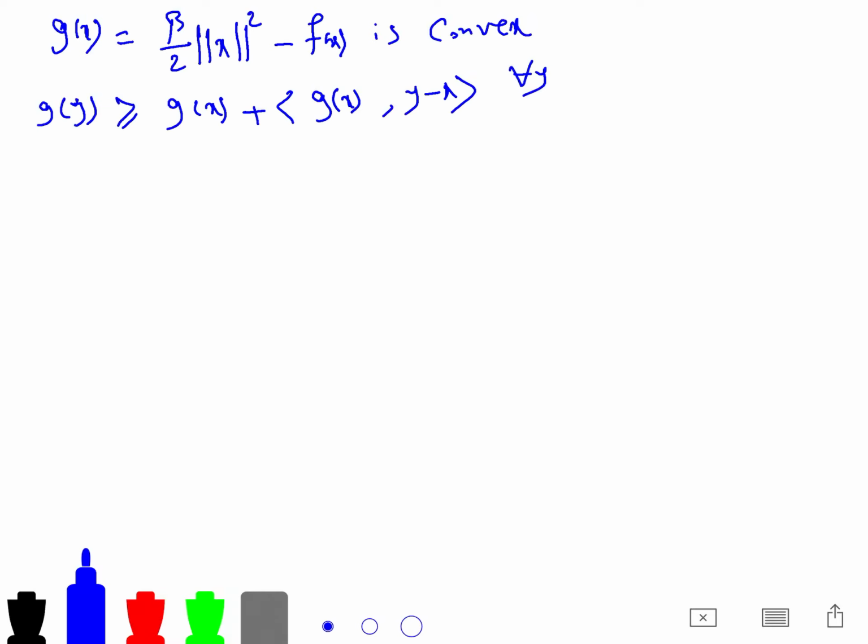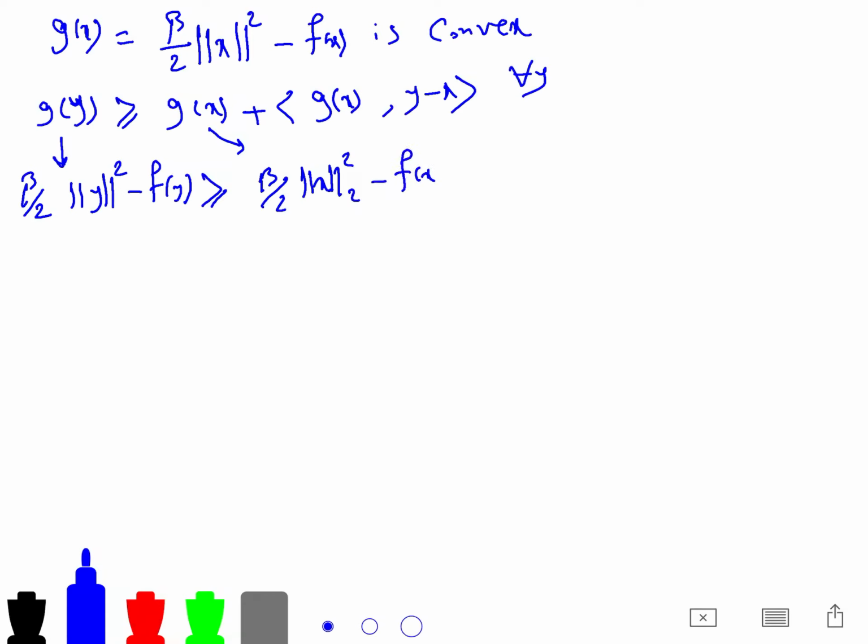And so we can just use the definition of g of x, and so for g of y we can write beta over 2 norm y squared minus f of y, and this is greater than or equal to, by the definition of g of x, beta over 2 norm x squared minus f of x plus, again using the definition of the gradient of g of x, beta x minus gradient of f of x, times y minus x.